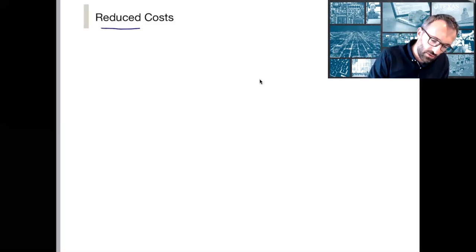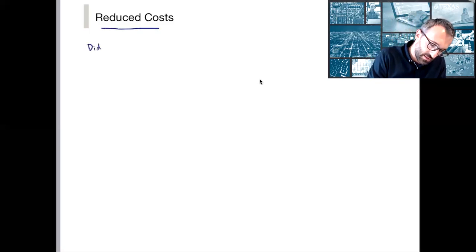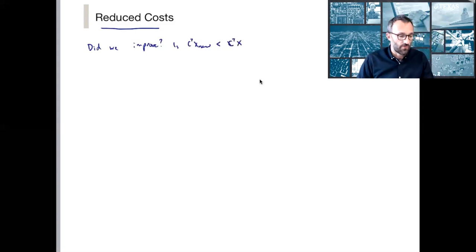So the main question we want to know is, okay, we moved to a neighboring element, did we improve? Is x new better than x old? That of course just means, is c transpose x new less than c transpose x old? And we've got all the expressions we need. We just plug this in.